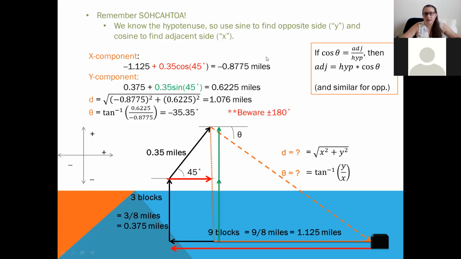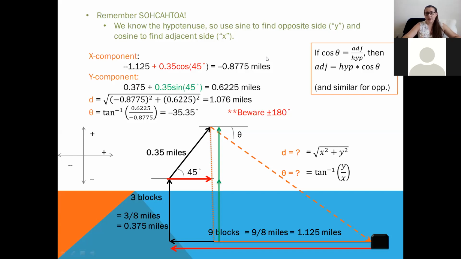I know it's a lot to look at on this screen, but do you guys have any questions about this example? This example ties together quite a few of the topics that we talked about today. Breaking vectors down into their components, adding together more than two vectors to create this crazy shaped problem.